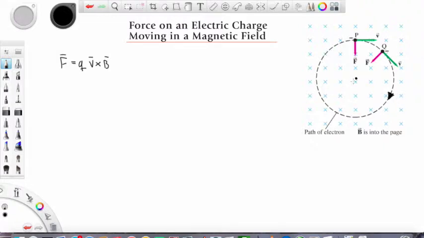We can analyze the physics of this a little more in detail. There's a force acting towards the center, which hints that the electron experiences centripetal acceleration. Using Newton's second law, the sum of forces equals mass times acceleration.